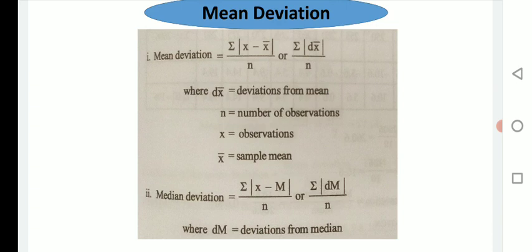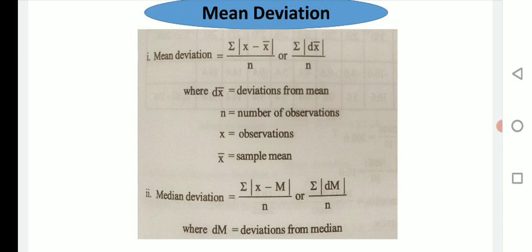So mean deviation is represented by the formula summation |x minus x bar| upon n, or summation |dx| upon n, where dx represents deviation from mean, n represents number of observations, x are observations and x bar is the sample mean.